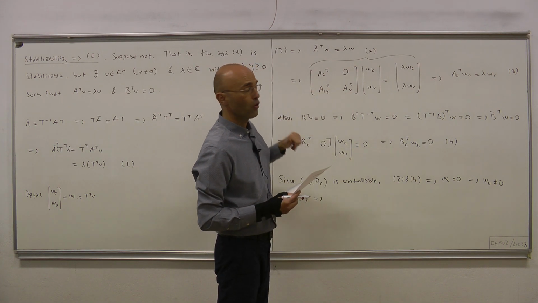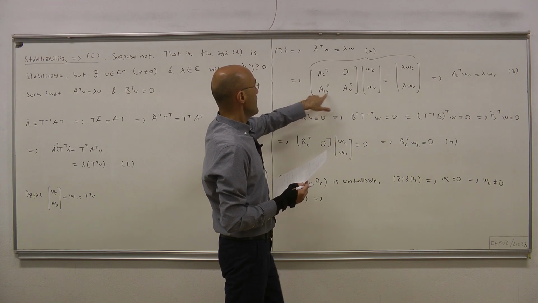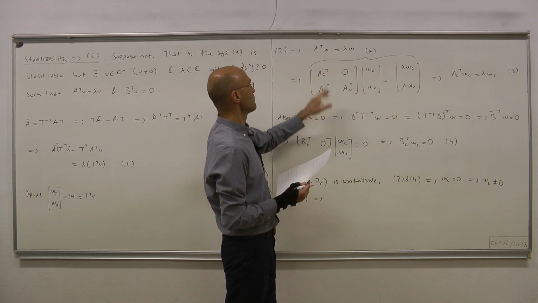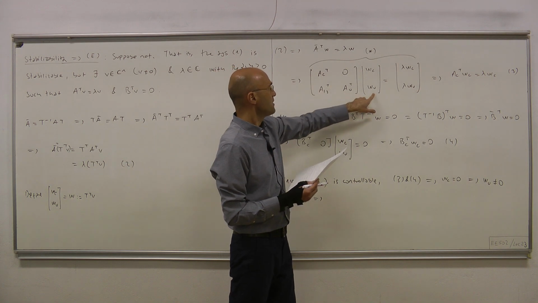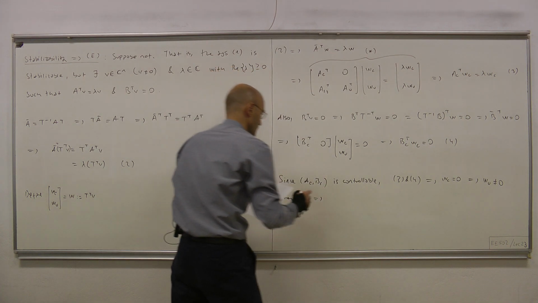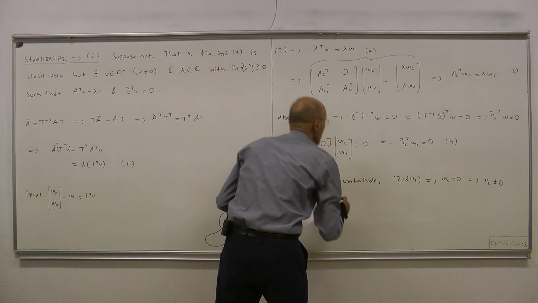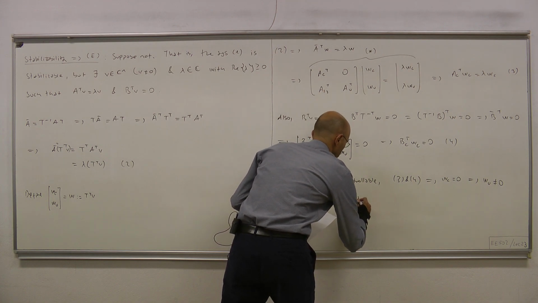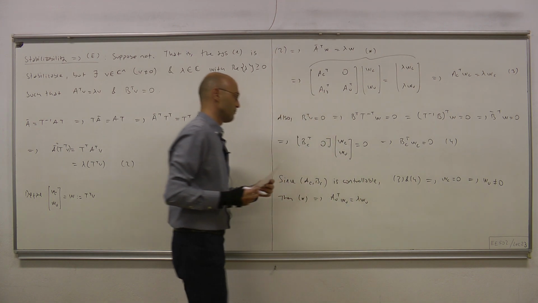Let's look at the second row. This term times WC, and WC is 0, hence we can ignore that, plus this term times WU equals lambda WU. So we have AU transpose WU equals lambda WU.